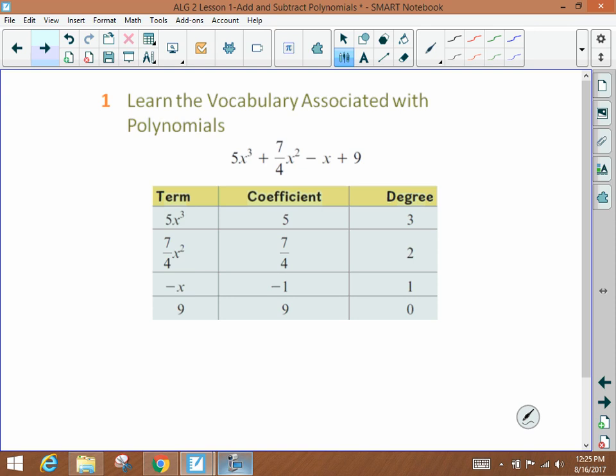You guys know about coefficients, right? The coefficient of x cubed is 5. The degree is 3 because our variable x has been raised to the third power.